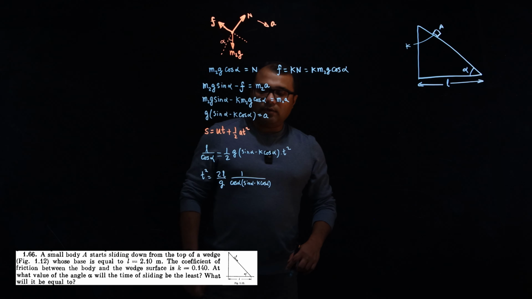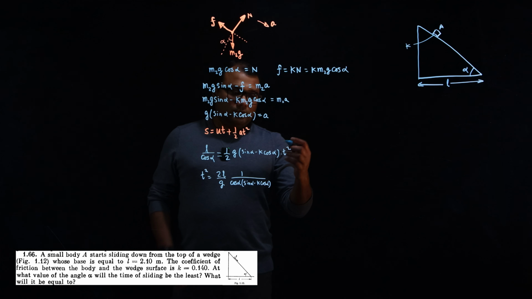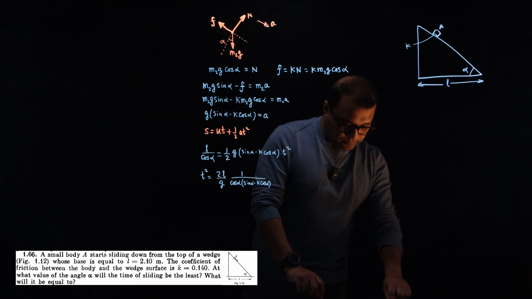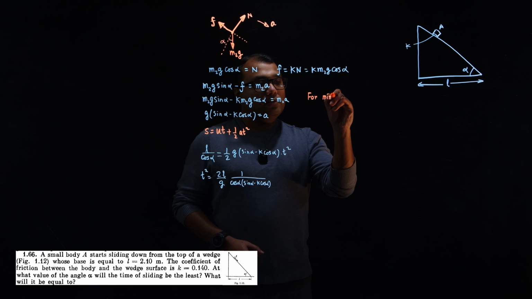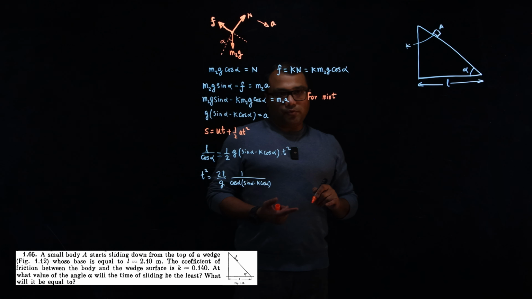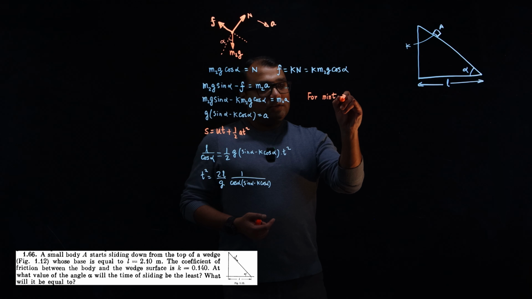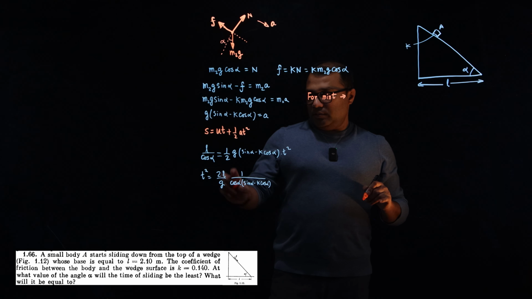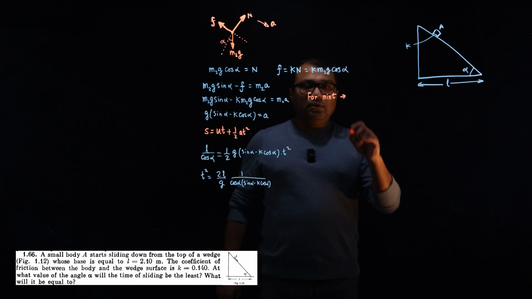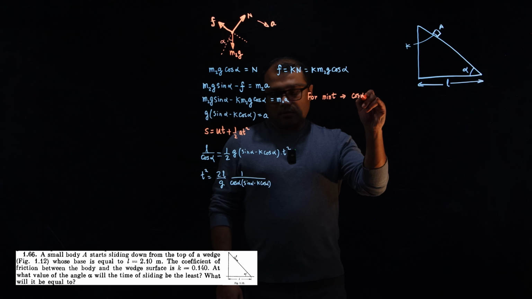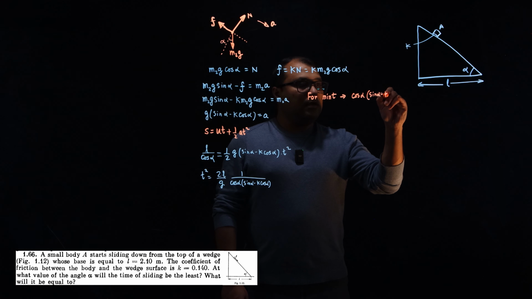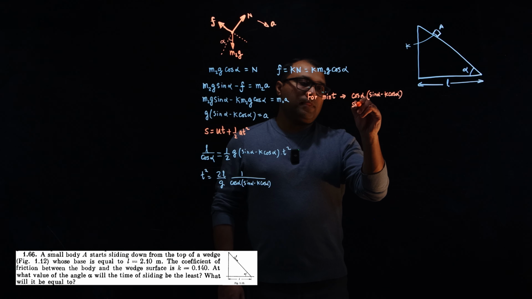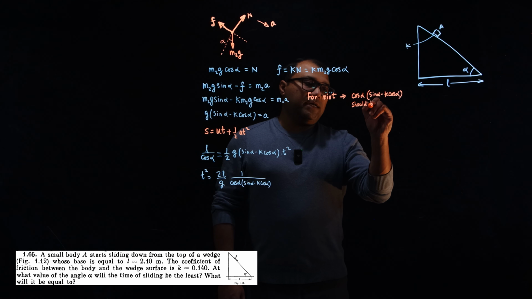Now for minimum t, we have to minimize t square. So we have to maximize the denominator. This is a constant part, so cos alpha times sin alpha minus k cos alpha should be maximum.